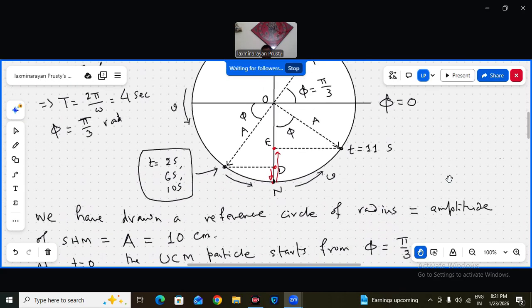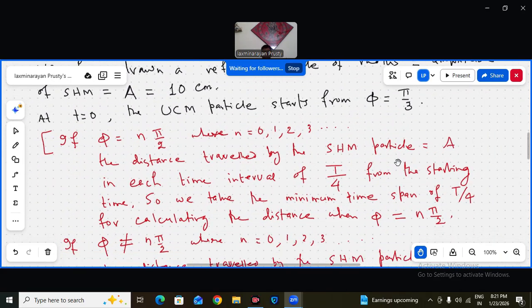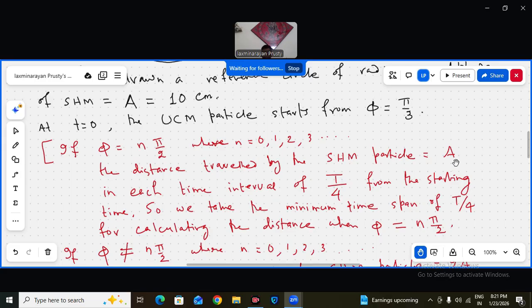Then the distance traveled by the SHM particle will be equal to the amplitude in each time interval of T by 4 from the starting time.